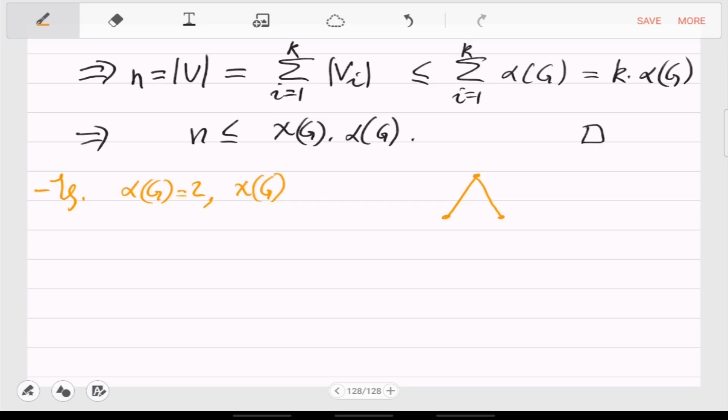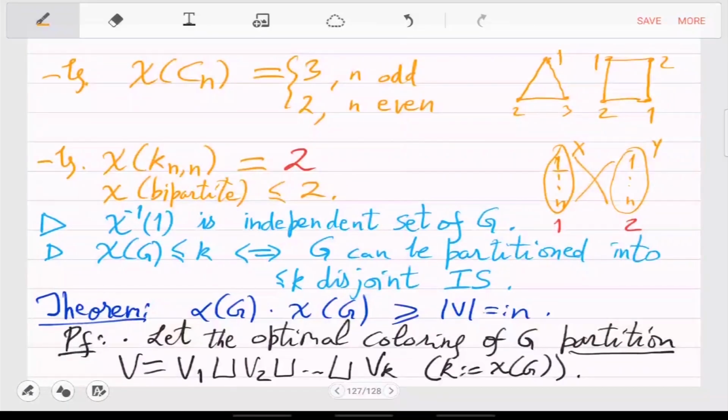Somebody said 3. Yeah, 3 is a waste. You can manage in 2. So this is 2, and the number of vertices is obviously 3. So you get that the product is 4, which is more than 3. So this equality will not work.